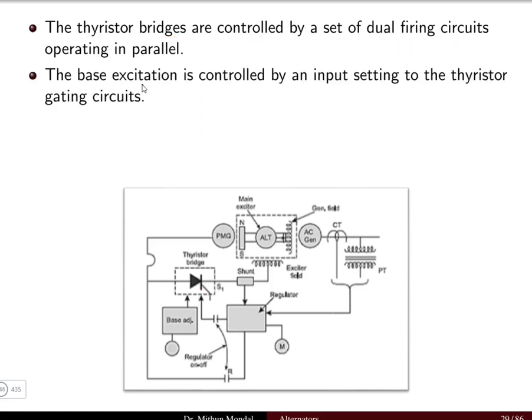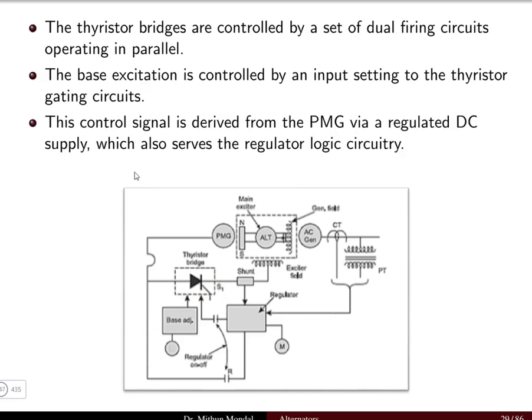The base excitation is controlled by an input setting to the thyristor gating circuit. So this is the thyristor gating circuit which is controlled by the base adjustment. This control signal is driven from the PMG.